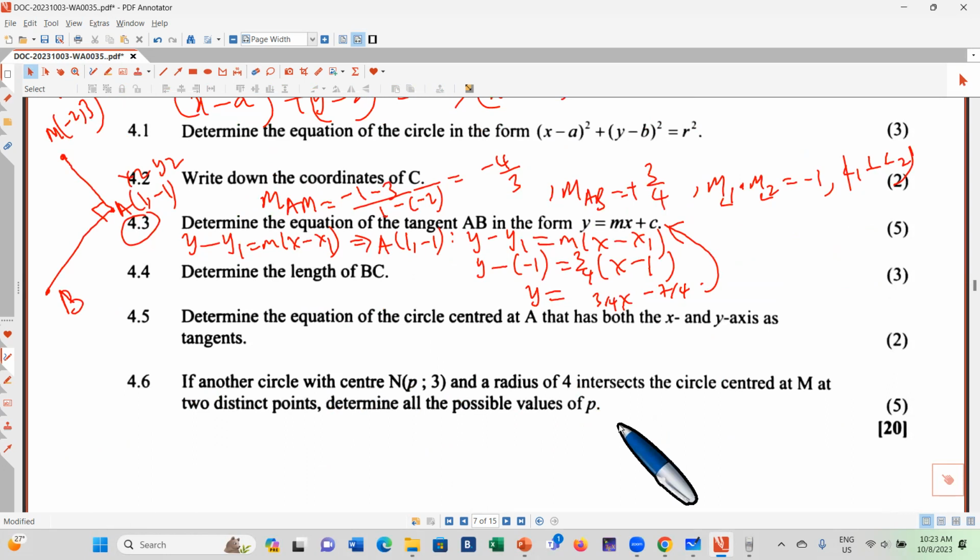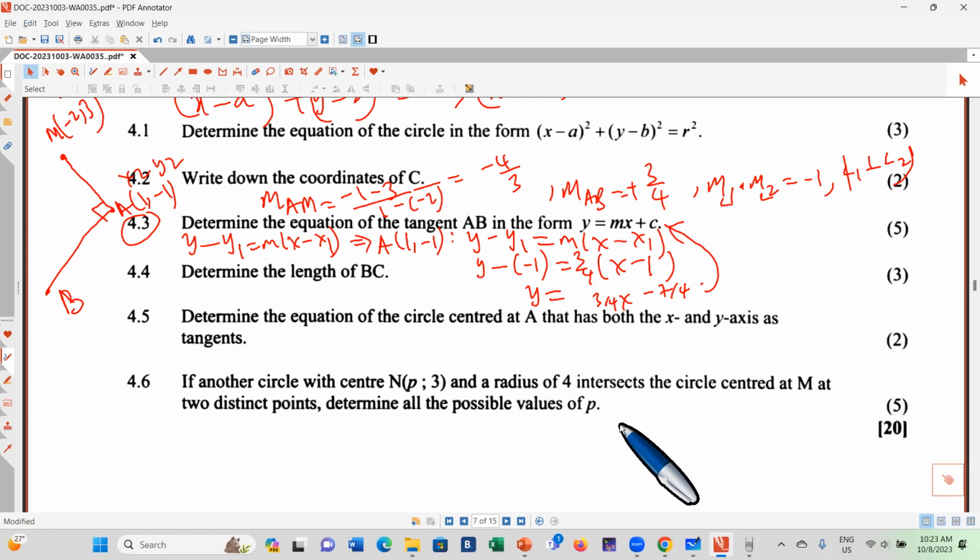Right, we're looking at 4.6. If another circle with center N, that has the coordinates (P, 3) and a radius of 4, intersects the circle centered at M at 2 distinct points, determine all the possible values of P. 4.6.